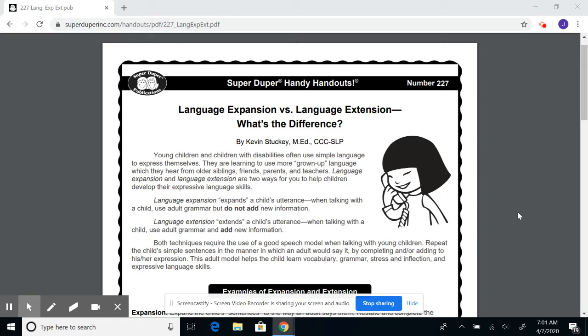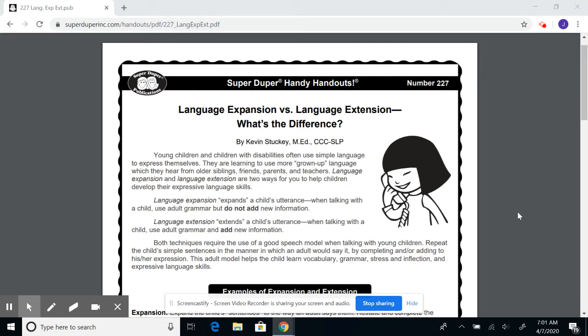These techniques are great because they are applicable and beneficial for any type of communicator. So, for example, if your child is a verbal communicator, but they just have a little bit of difficulty using complete sentences, sometimes they forget to use prepositions or verbs or function words, these techniques are a great way of supporting them by providing an appropriate model.